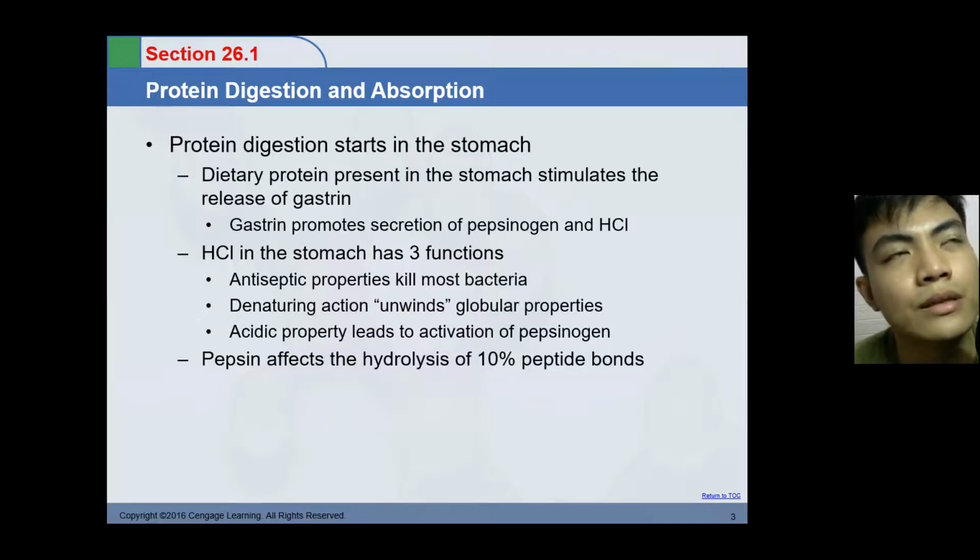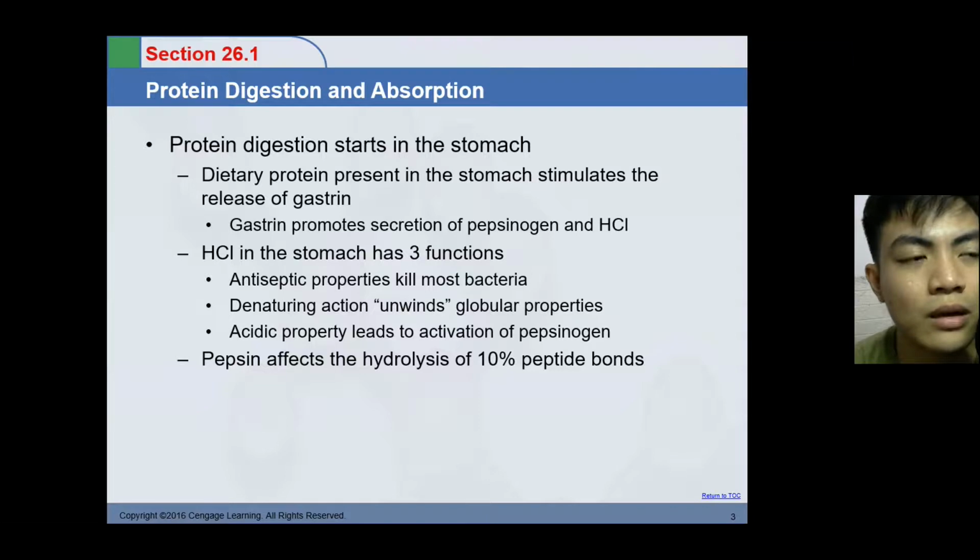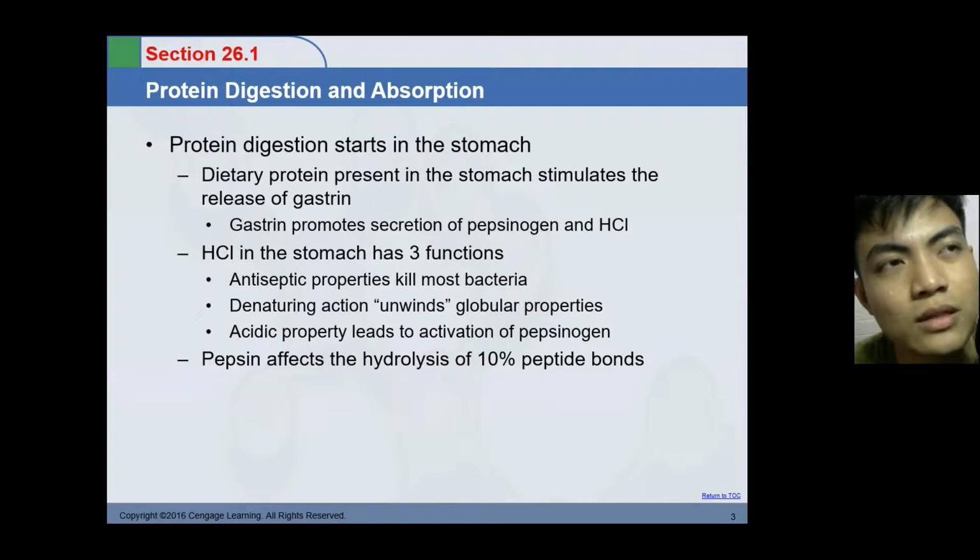Tapos sa tulong ng ating mga gastric juices, mas lalo siyang mapuputol into simpler sugars and eventually it will get absorbed in the intestines. Then papasok siya ng glycolysis, Krebs cycle, etc.